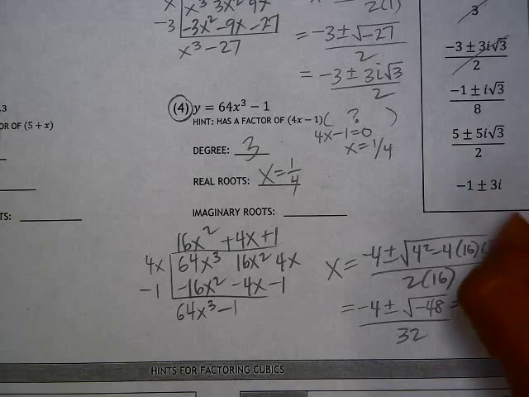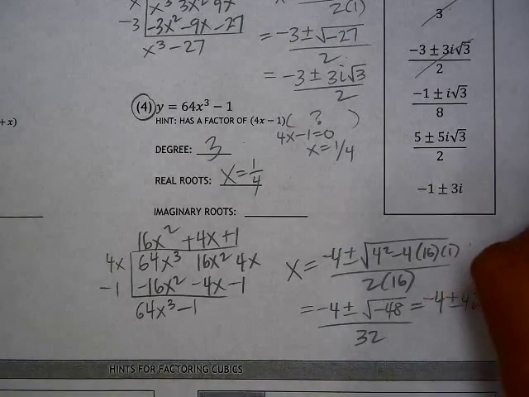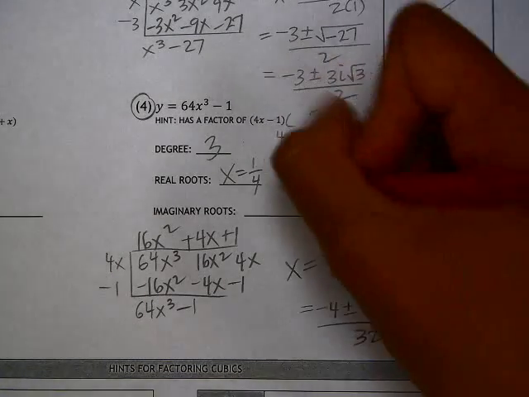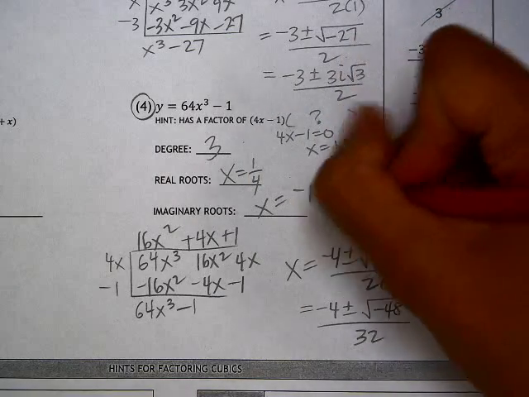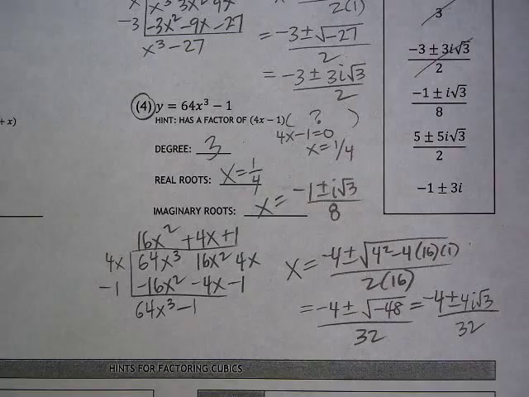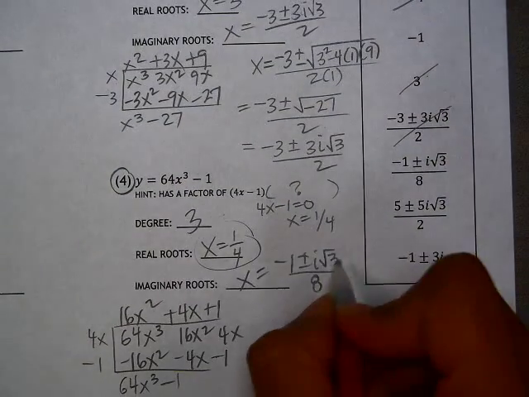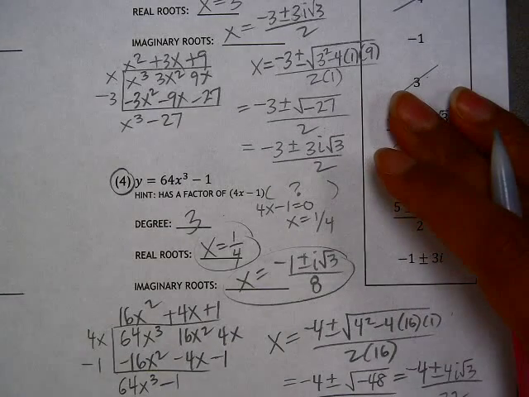The square root of negative 48 is 4i root 3. All of these are divisible by 4, so reducing, we get negative 1 plus or minus i root 3 over 8. So here we've used the 1/4 as well as these answers right here.